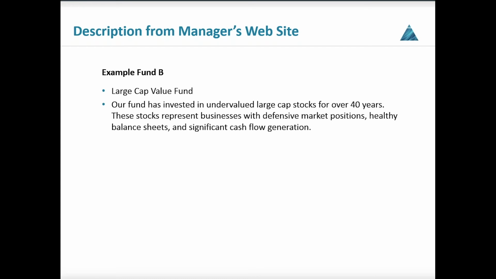So it's chosen the Russell 1000 Value as its benchmark, and it chooses stocks that have good market position, healthy balance sheets, and significant cash flow generation. So right there, from the manager's own description, we're able to measure 2 factors: cash flow generation and the market cap factor.